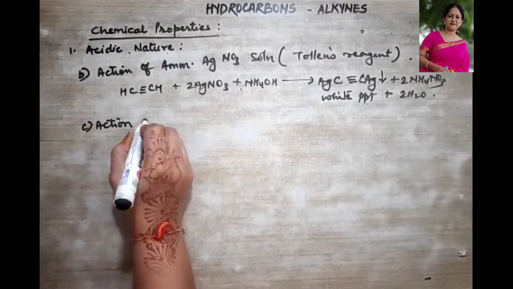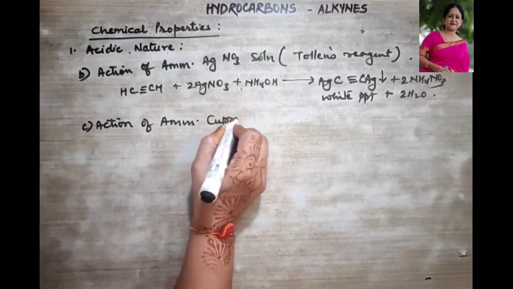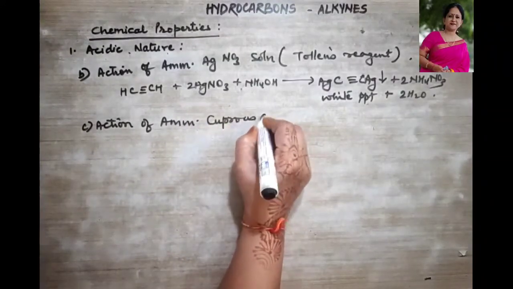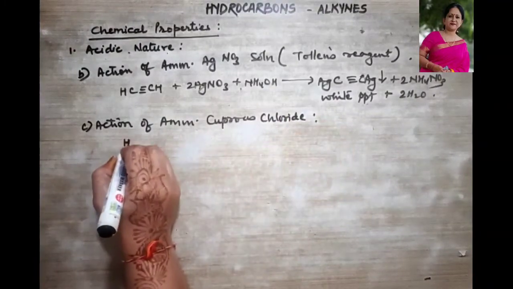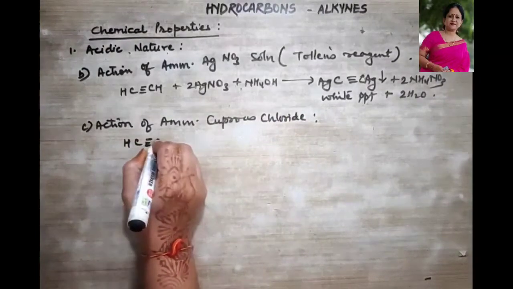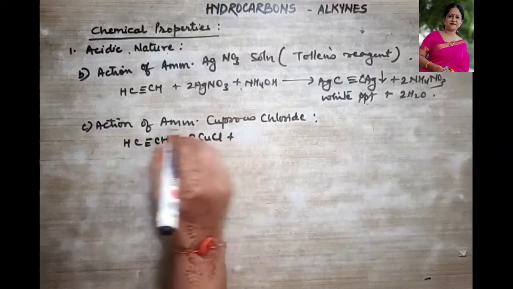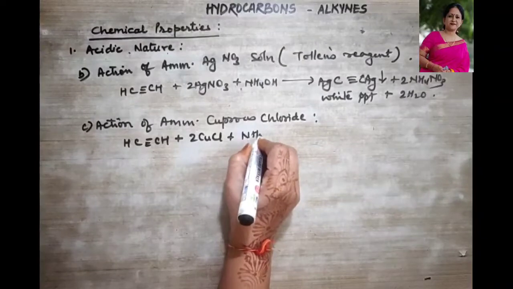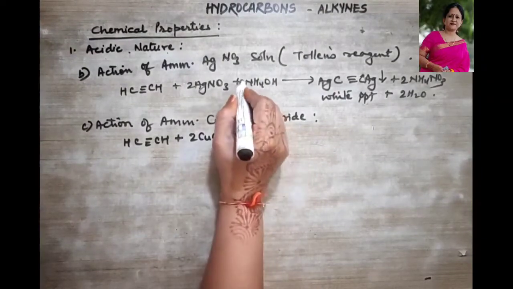Similarly, if we see the ethyne treated with ammonical cuprous chloride. Let's see what we observe when treated with cuprous chloride, and it is ammonical, so 2 molecules of NH4OH.